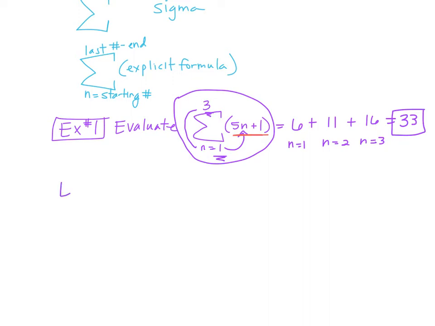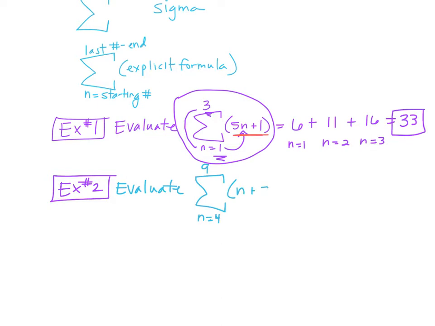All right, how about this one? Let's say they ask us again to evaluate, and it looks like this. Sorry, that's not the best one. We're going from n equals 4 to n equals 9 for the explicit formula n plus 2.